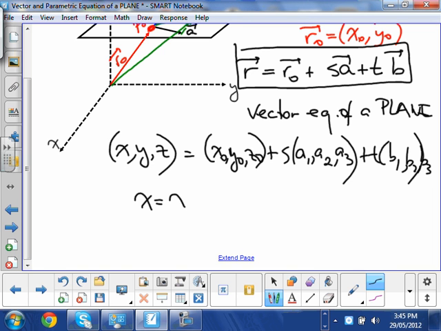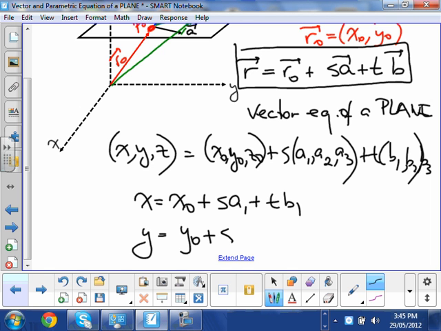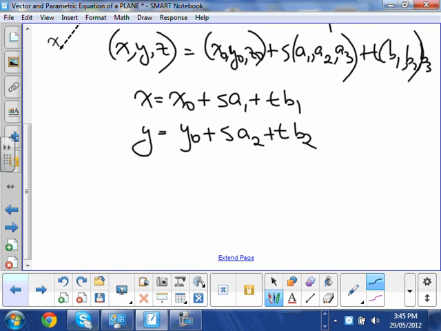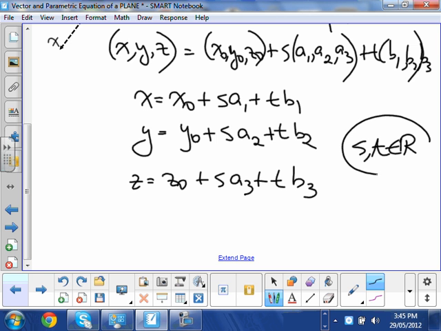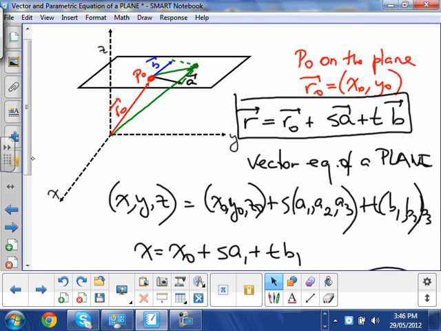X equals x0 plus SA1 plus TB1. Absolutely similarly, y equals y0 plus SA2 plus TB2, and z equals z0 plus SA3 plus TB3, where S and T are, of course, real numbers. They help me create a parallelogram in my plane. There you go. That's a lesson for today.